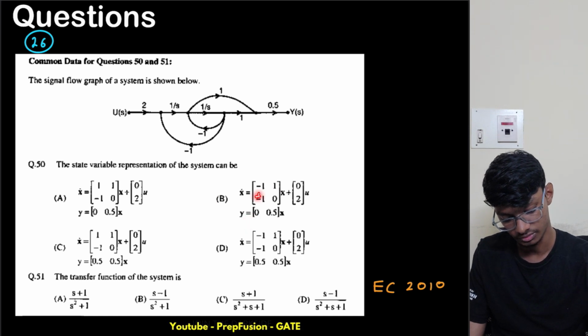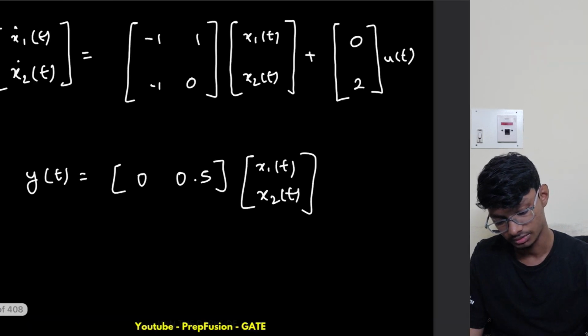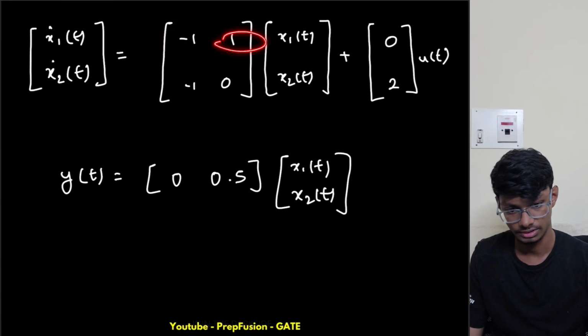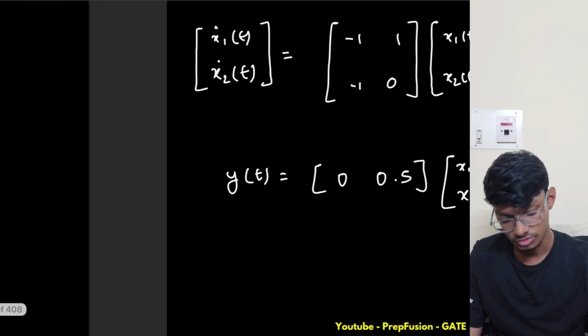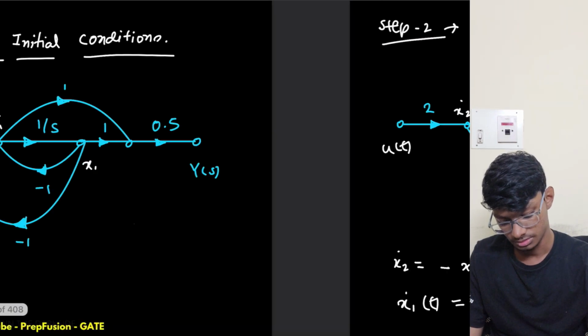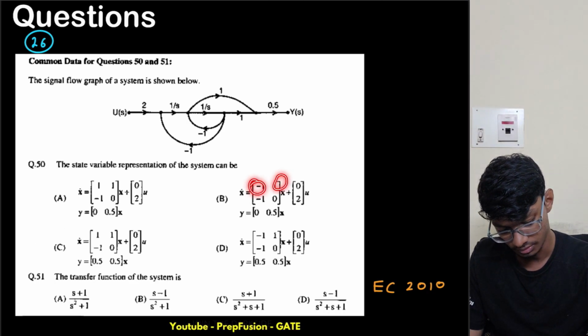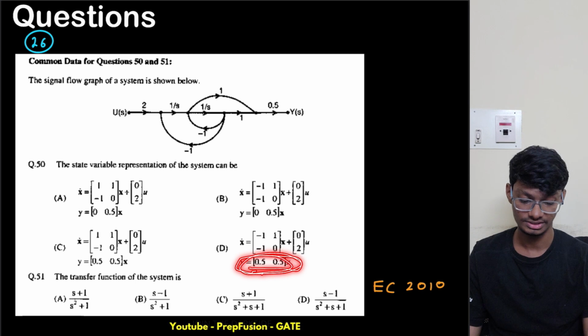Okay, at first I had minus 1, then basically 1. So my b will be correct only. I had first minus 1 and then 1 minus 1 0, and this is incorrect also.